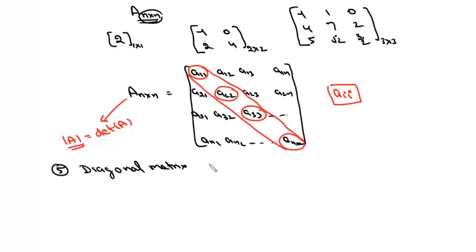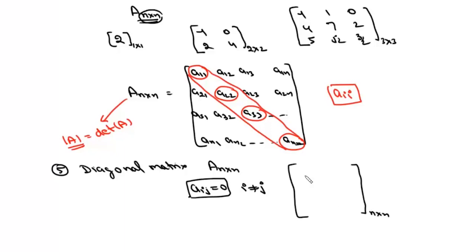So diagonal matrices are a type of square matrix, and diagonal matrices are those matrices in which Aij is 0 if i is unequal to j. That means all the non-diagonal elements must be 0. So if we have any square matrix whose order is n cross n, then we'll have diagonal elements which may or may not be 0, but all the non-diagonal elements will definitely be 0.